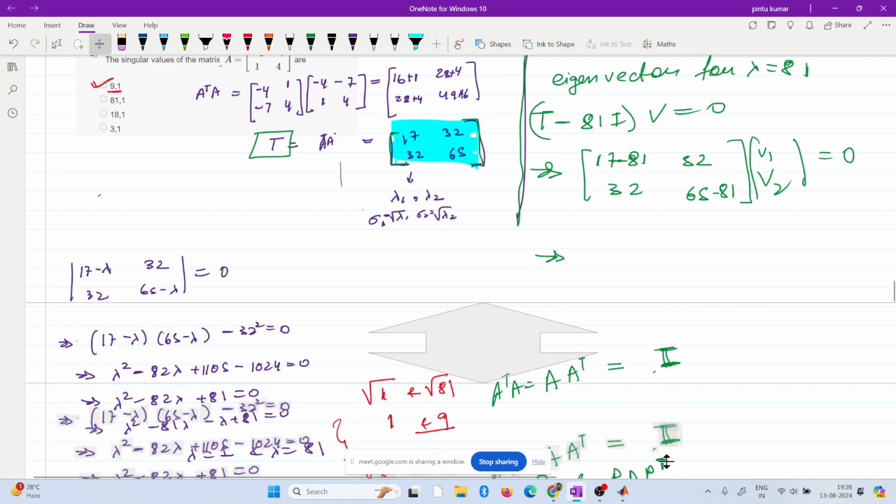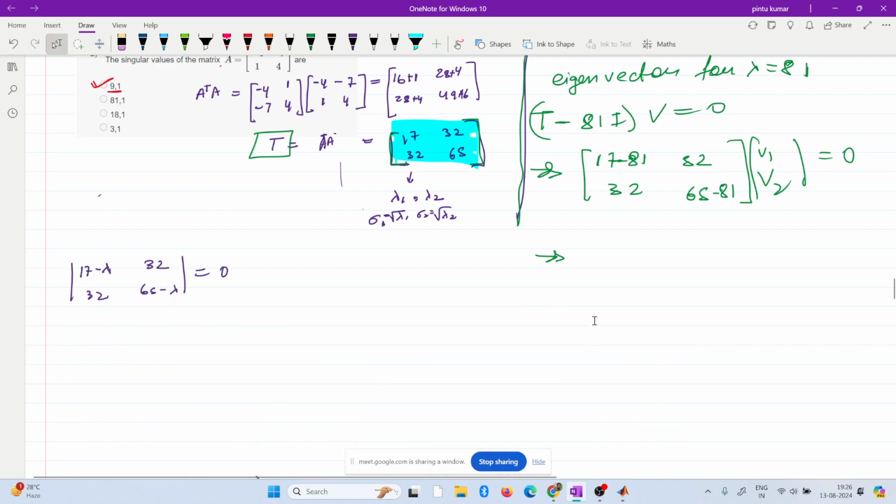This is minus 64, and this is 32, this is 32.